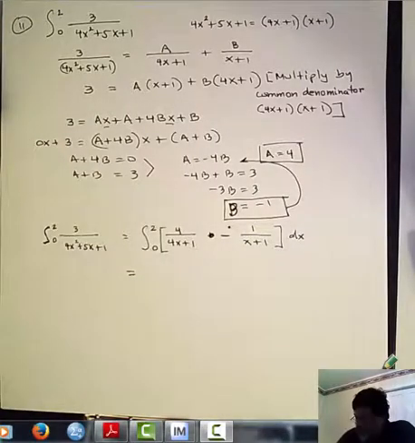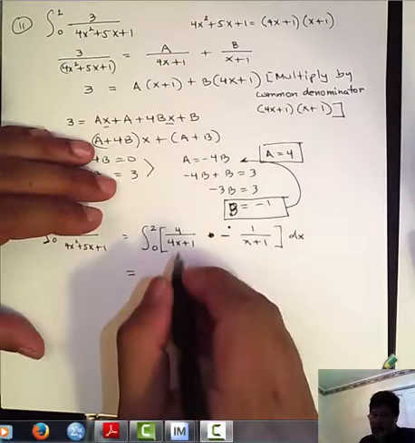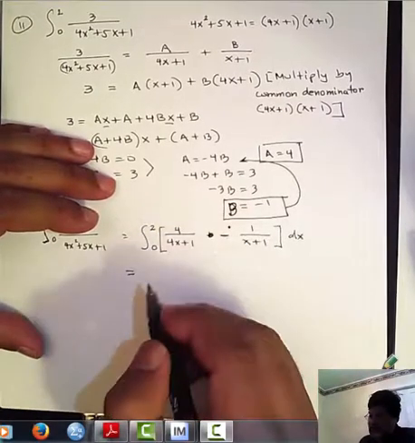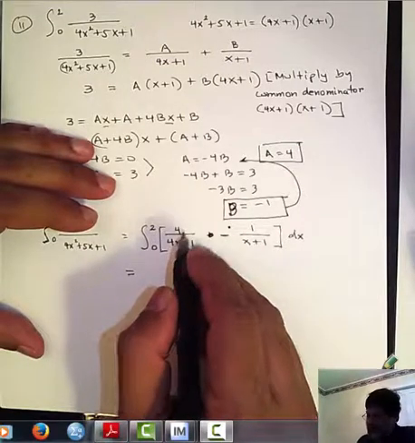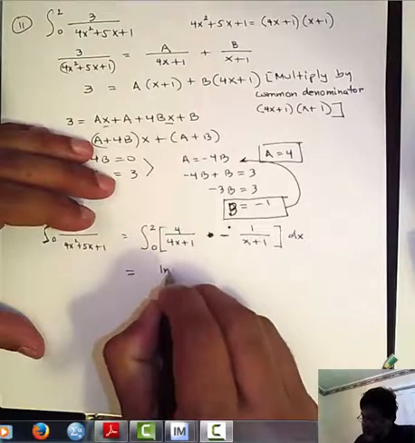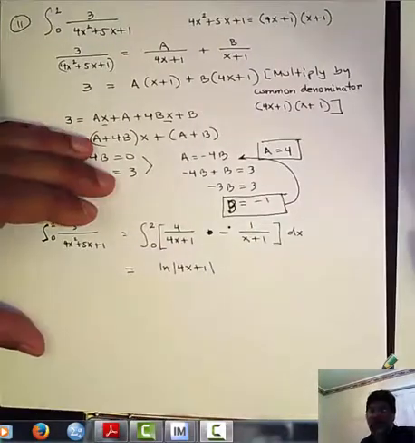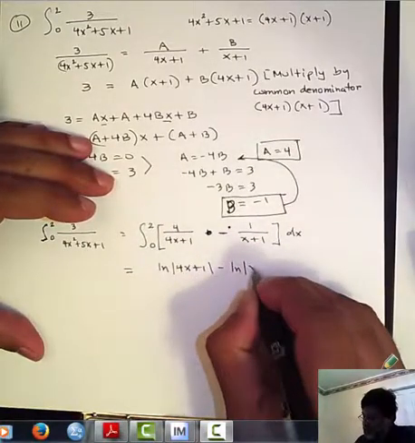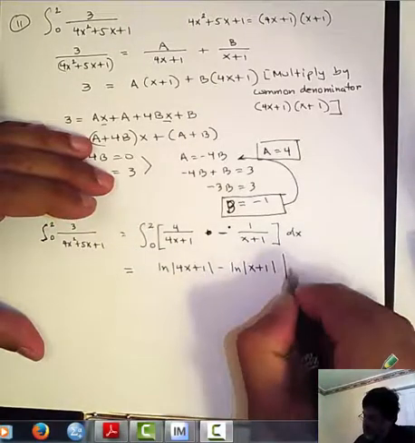Okay. What's the integration of 4 over 4x plus 1? Well, by u substitution, we let u be 4x plus 1. Du will be 4dx, and 4 is sitting out there, dx. So it will be du over u, or ln of 4x plus 1. And this will be ln of x plus 1, all from 2 to 0.